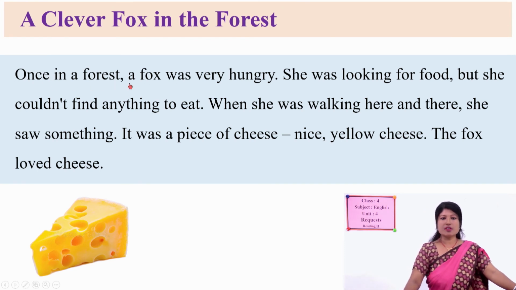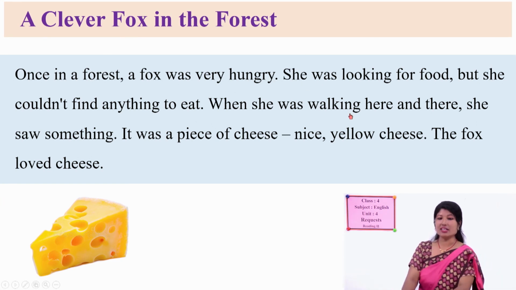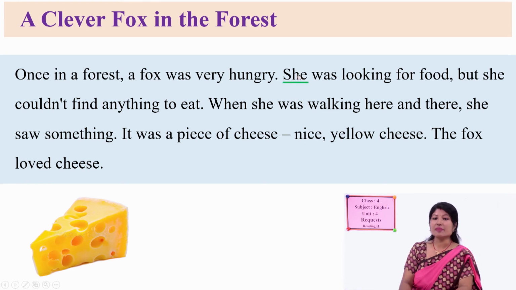Once in a forest, a fox was very hungry. Now fox is she, not he, right? Look at here, she. Likewise all pronouns you have to check out. So instead of he, wherever there is use of he, you have to put she.